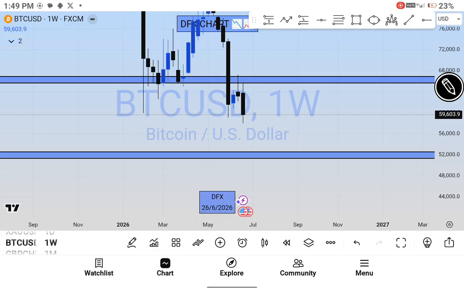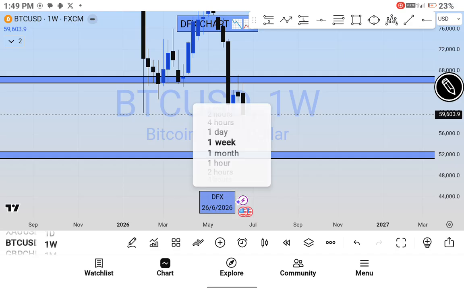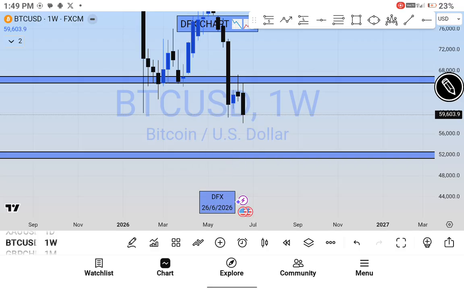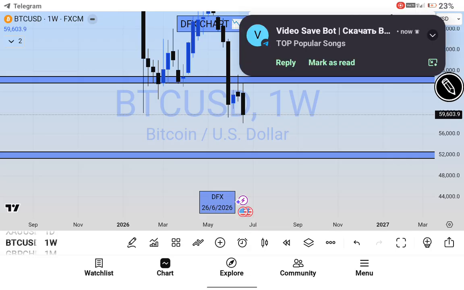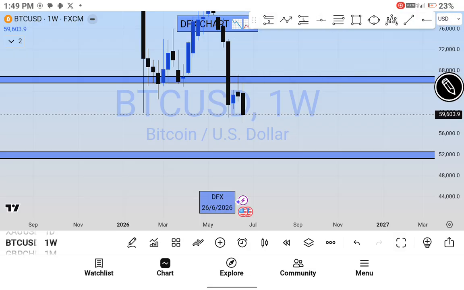It has even engulfed the previous last two candles. And that formation gave us what we call an evening star candle formation. So we expect more sales on BTC. For those of you that are still buying, I don't know why you are buying, but let's just keep to our own analysis. So BTC, I'm seeing BTC to around 52,000 per coin.